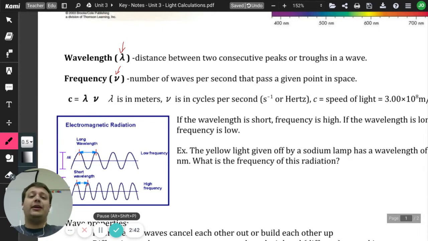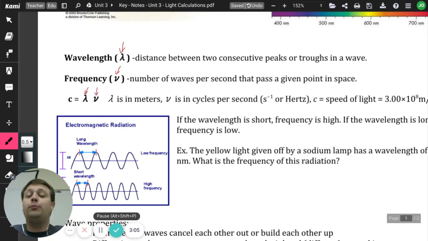Now, what we did is we were actually able to look at these and determine what the speed of light was. Okay, so we know that the speed of light equals our wavelength times our frequency. So again, wavelength is going to be that lambda symbol, and then frequency is the nu symbol.